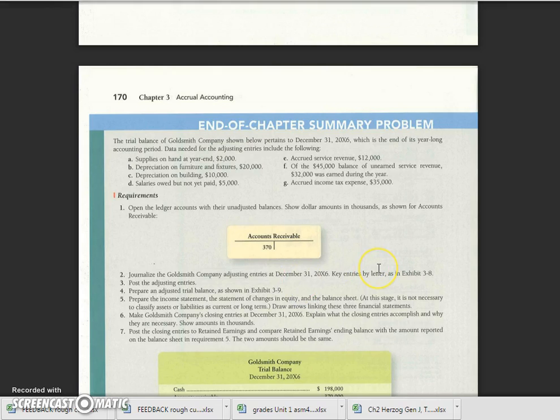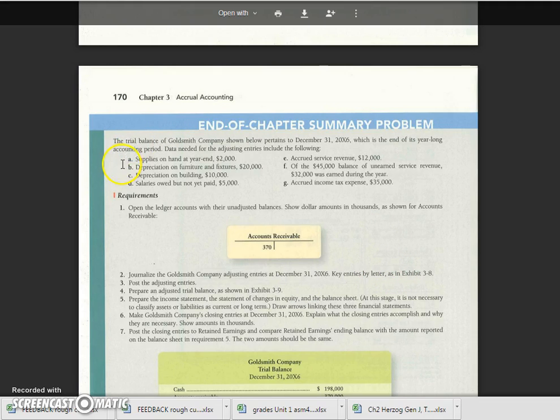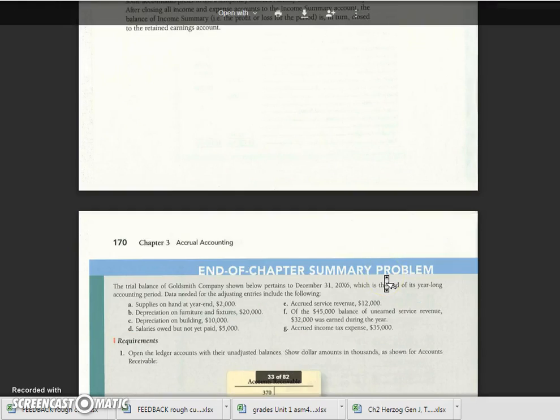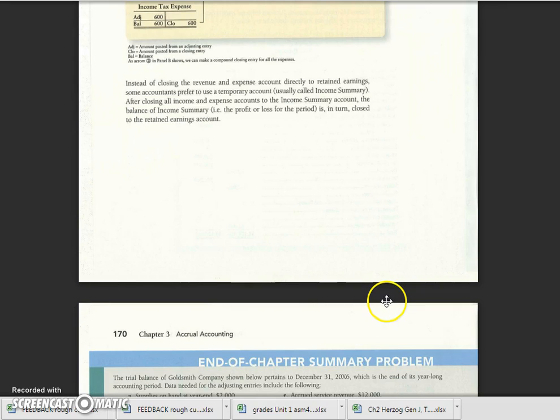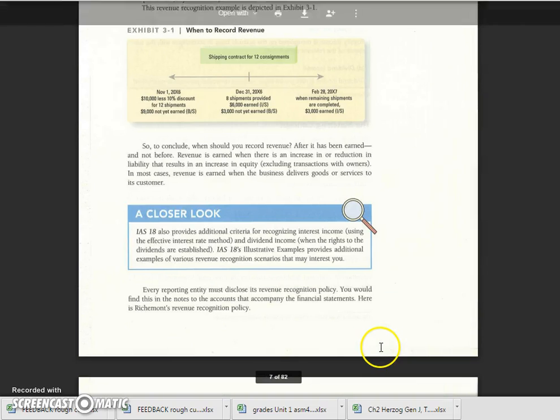We're going to put in the entries by letter. So we've got 6 entries that we have to put in. The trial balance absolutely does balance, but is this actually what is in reality going on?